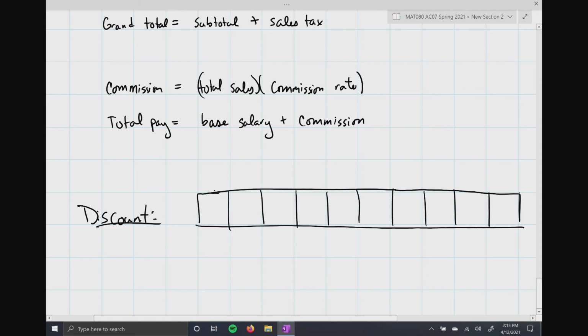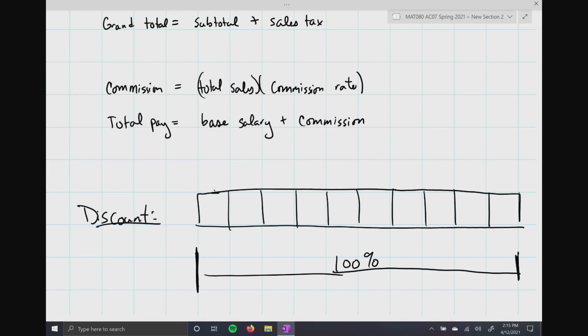So this is nothing more than just a bar with 10 blocks. When you go to the store and you're paying full price for something, regardless of what it is, you are paying 100% of what they're selling it for. Okay?